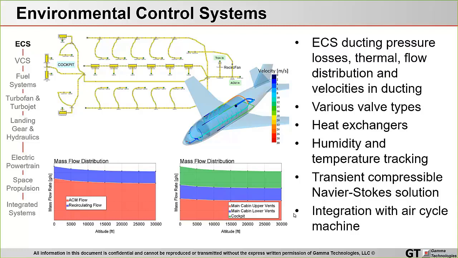Since species and energy are conserved in the governing equations, we can track those things in a transient or steady state fashion. And finally, oftentimes for aircraft ECS systems, you'll see air cycle machines that provide the flow ultimately into the cabin of the aircraft. And so it's very easy to integrate an air cycle machine model into these ECS systems.